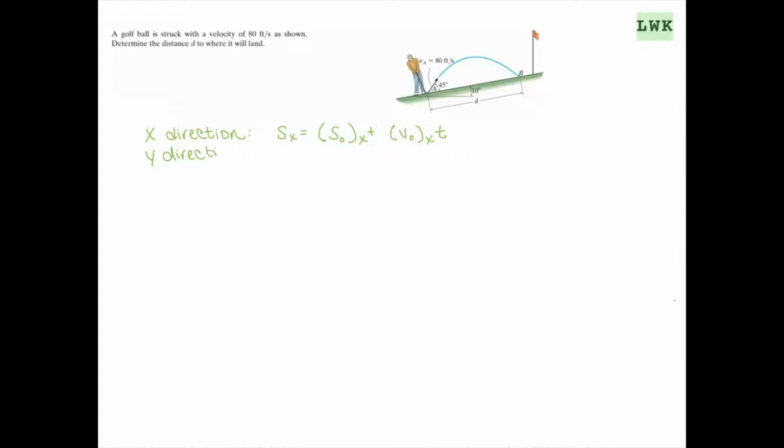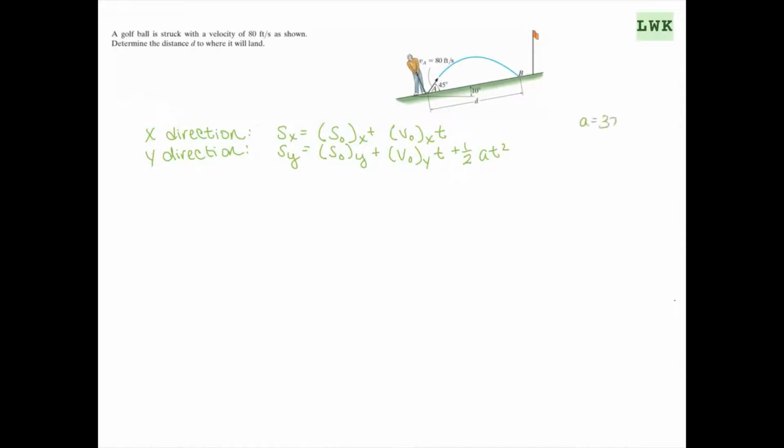And in our y direction, we're going to say s of y equals s sub 0 y plus v sub 0 y times t plus 1/2 a t squared.